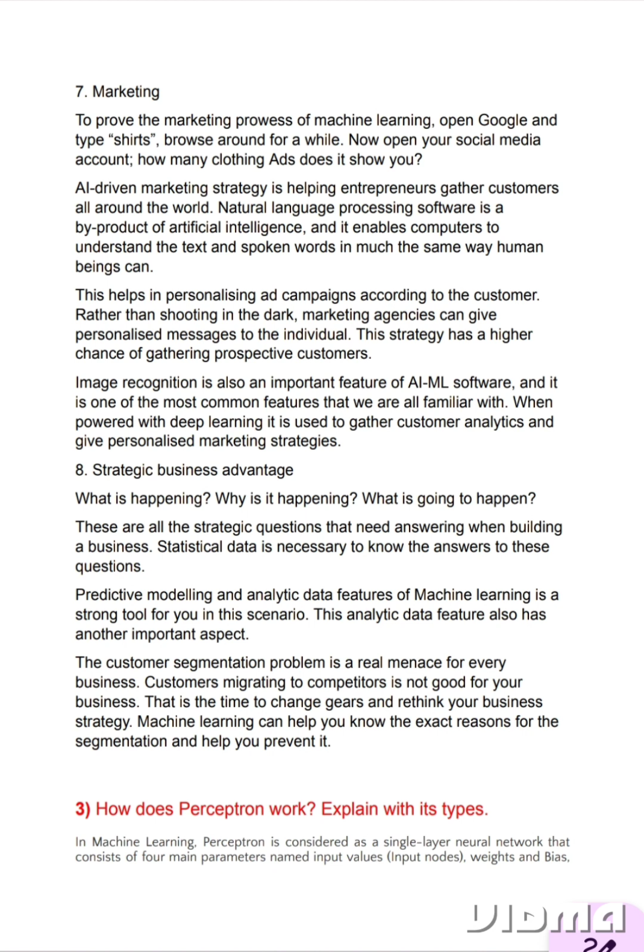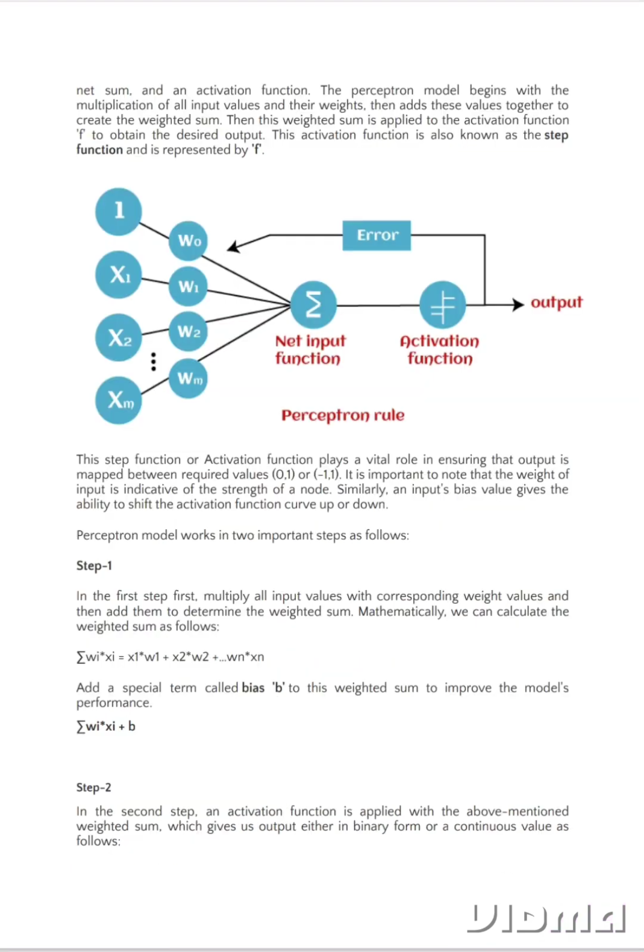3. How does perceptron work? Explain with its types. In machine learning, perceptron is considered a single-layer neural network that consists of 4 main parameters named input values or input nodes, weights and bias, net sum, and an activation function.